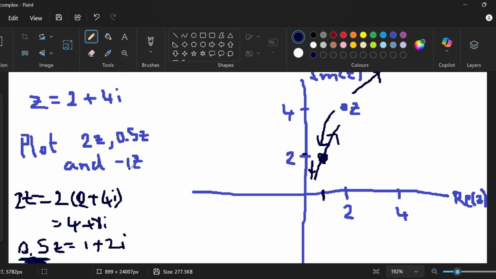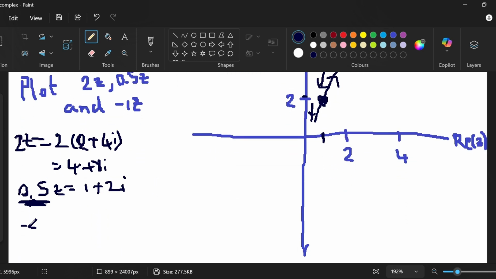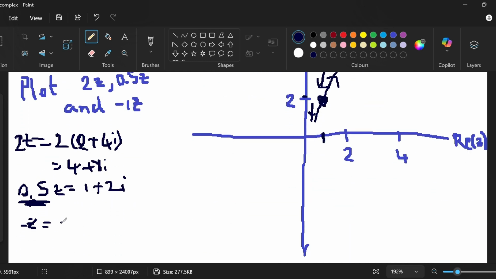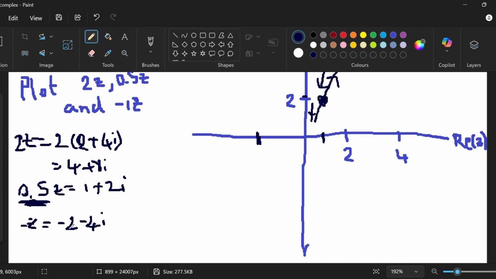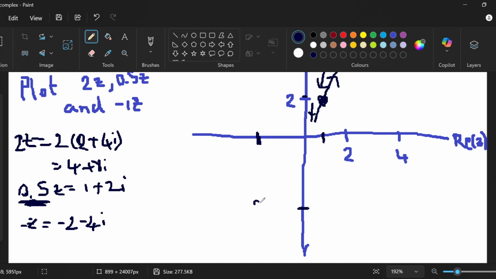My last problem here asks me to plot minus 1z. Minus 1z is going to be minus 1 times 2 plus minus 1 times 4i. So it's going to be minus 2 minus 4i. So I'm going to go to minus 2 on my x-axis and minus 4 on my y-axis, which is about here.